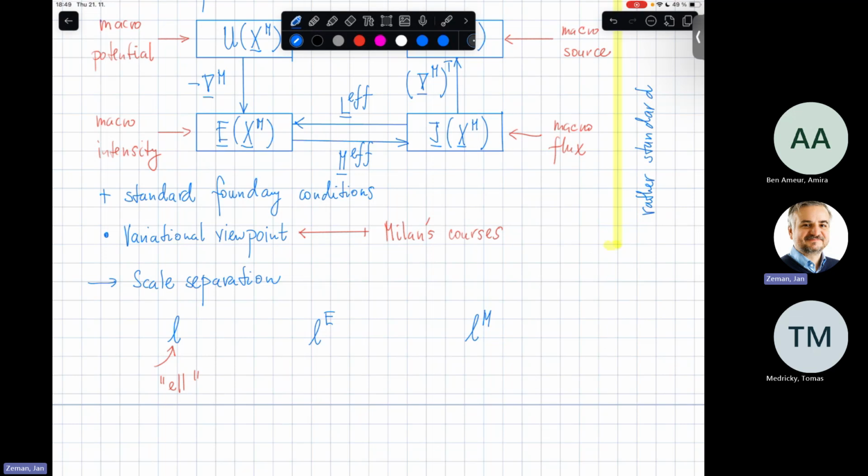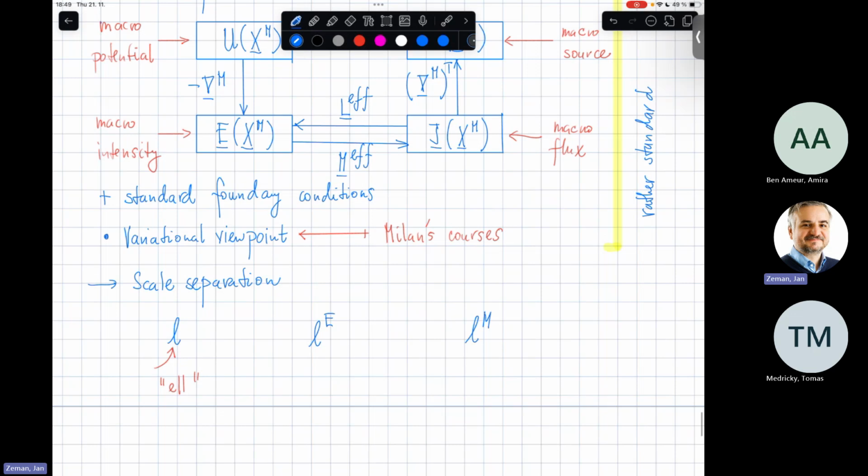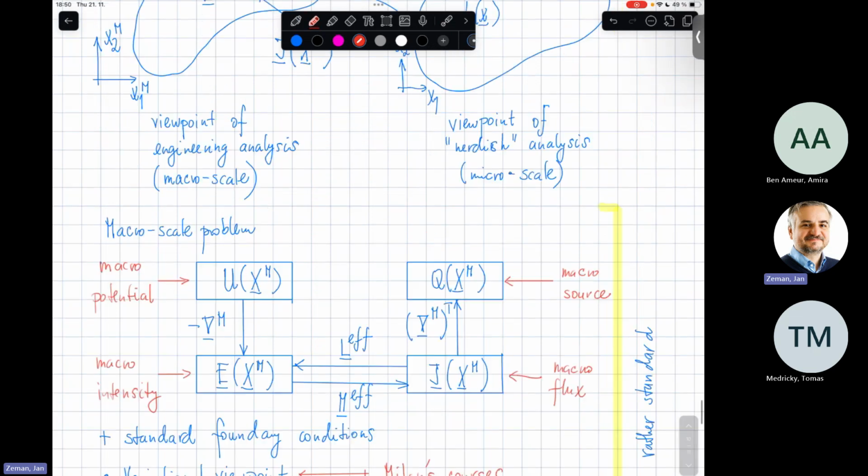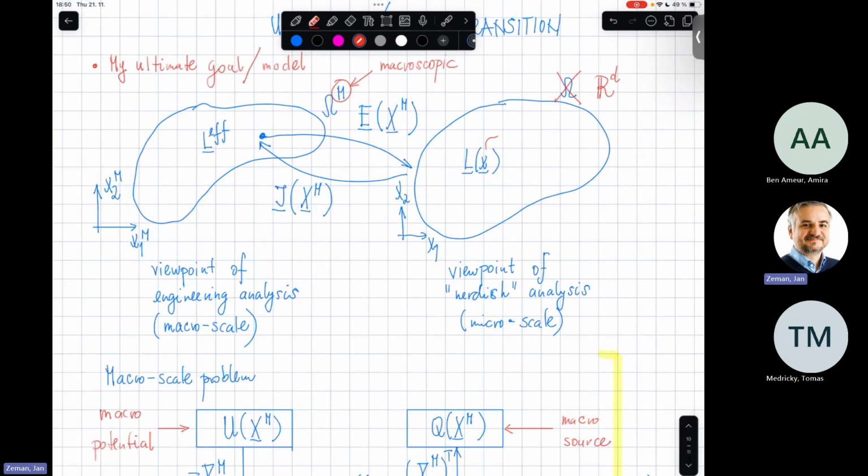So now, to which part of this scheme is this actually associated? This L is something which, in the jargon I'm very much used to, is called the micro length scale. And this is something which is related to the characteristic variation of my data, of my coefficients.